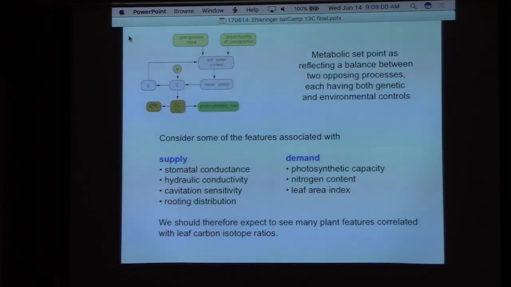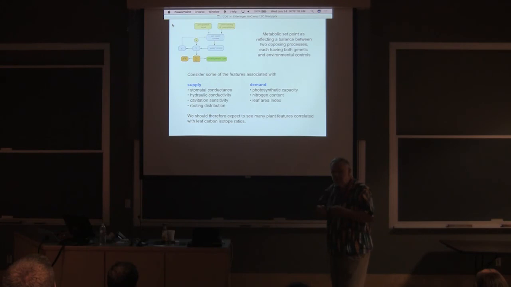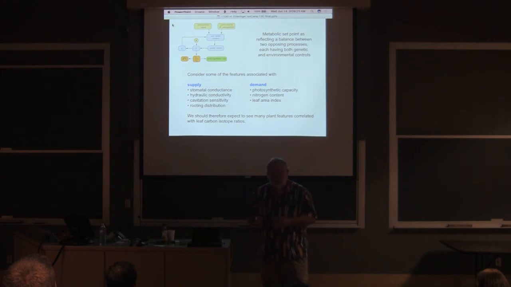Others are hydraulic conductivity, that is the capacity to move water up through the xylem. Others are cavitation sensitivity, that is the capacity of a plant to maintain the water stream under negative pressure and intact. Rooting distribution. So we find a number of morphological, biochemical, and physiological correlates that can be tied to the supply of CO2.